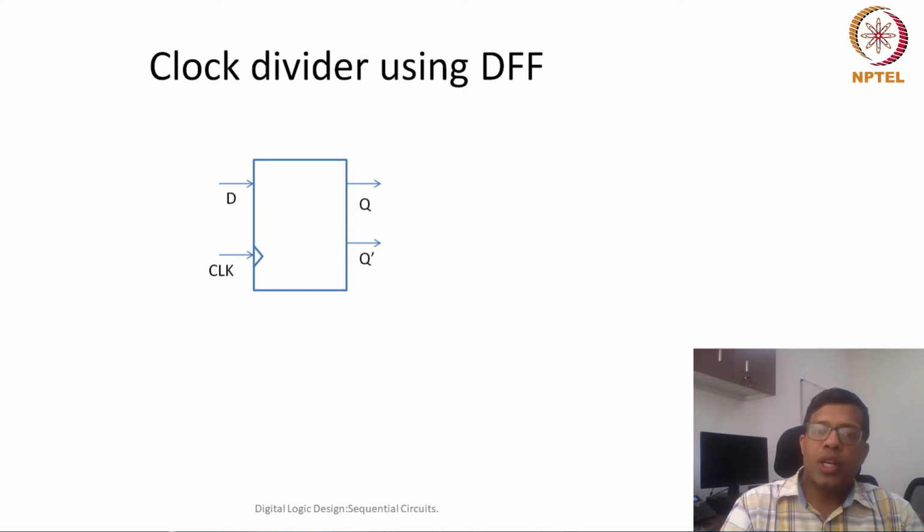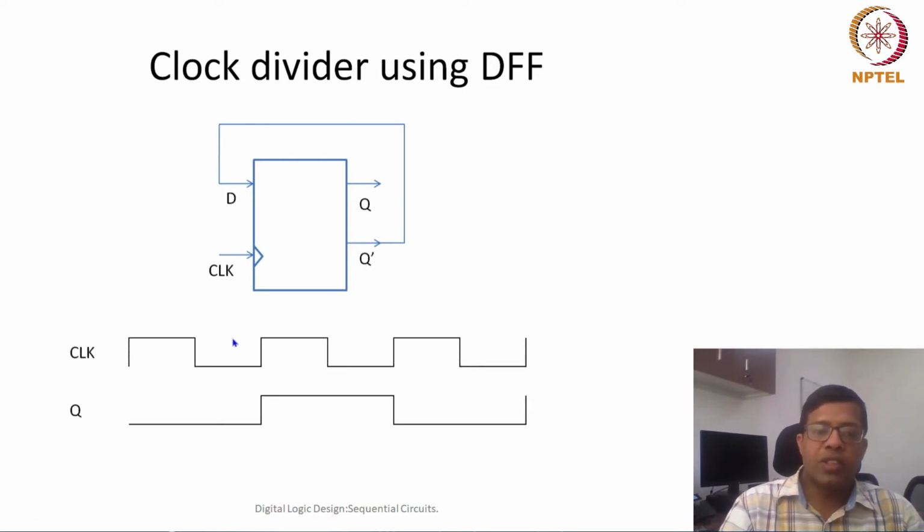Q is equal to D, but Q dash is equal to NOT of D. So if I connect this Q dash to D, then I would have alternating positive and negative values at output Q. So I'm connecting this Q dash with the D.